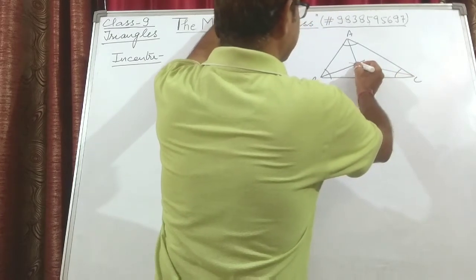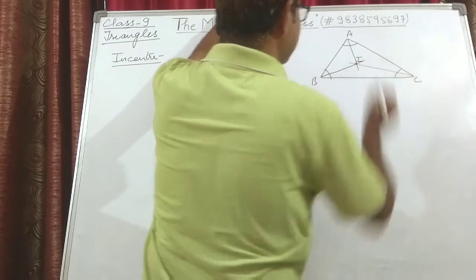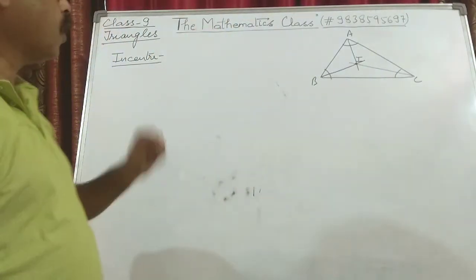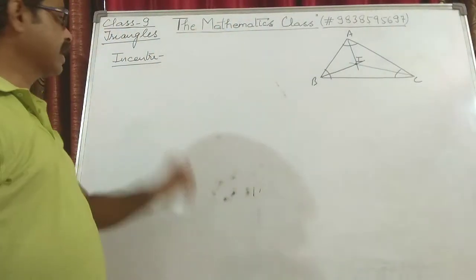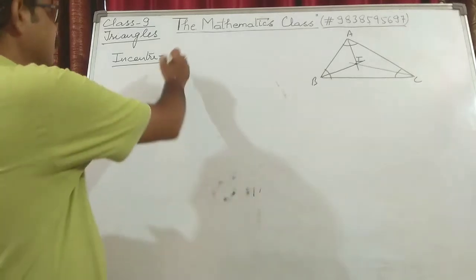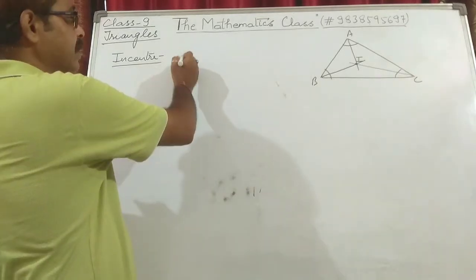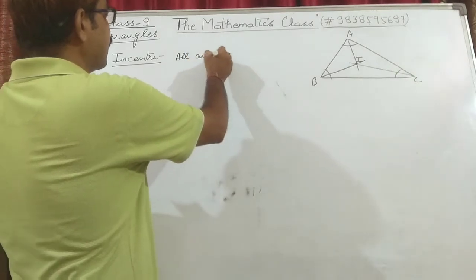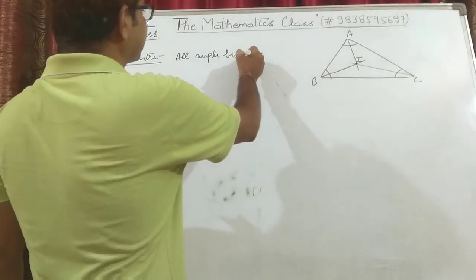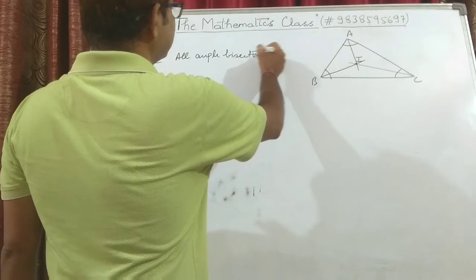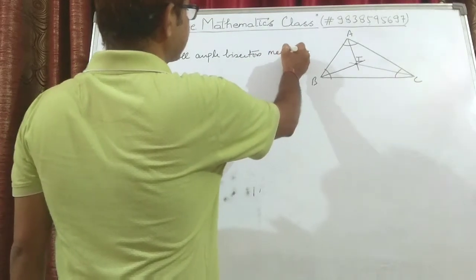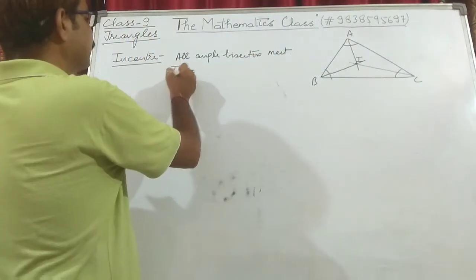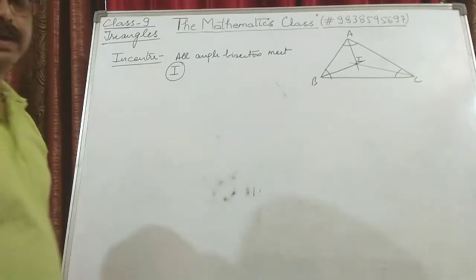This point is known as the incenter of a triangle. What is the incenter? The point where all angle bisectors meet is known as the incenter, and it is represented by I.